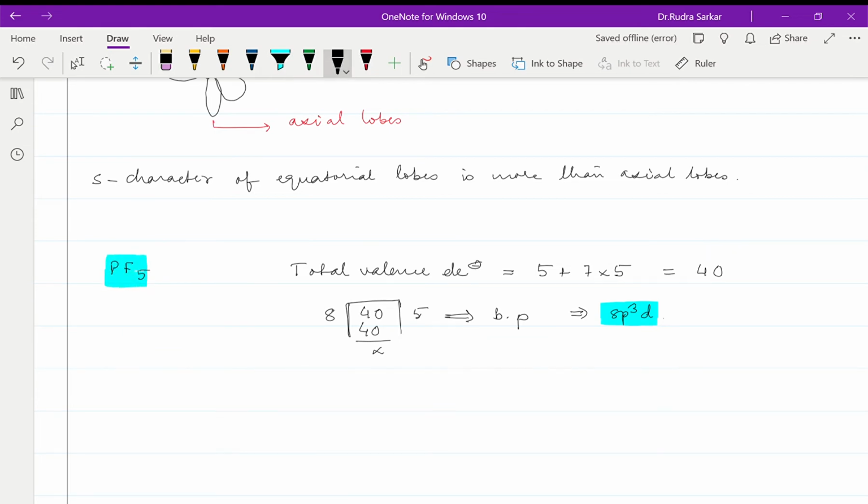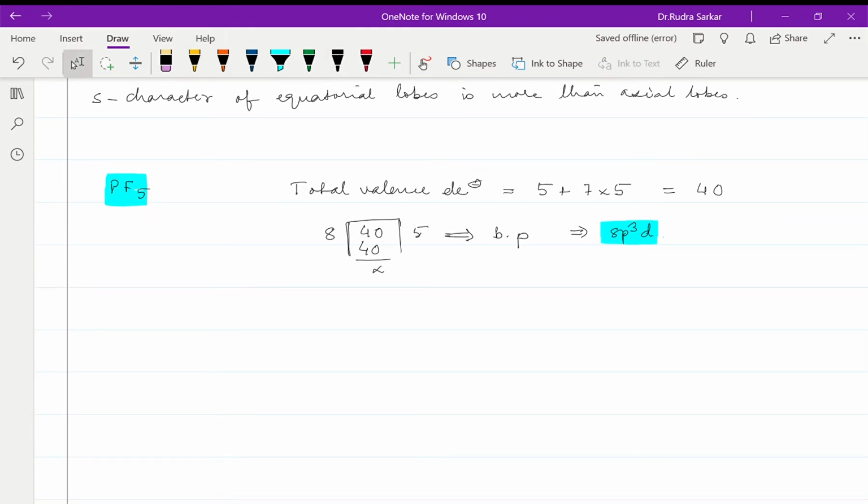So let us try this again for another molecule. Suppose we have been given over here SOF4.